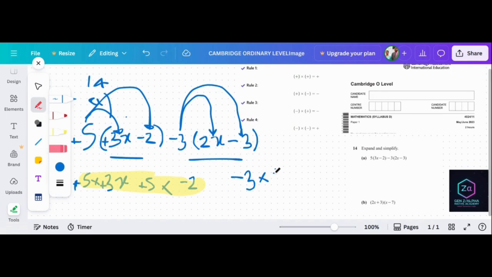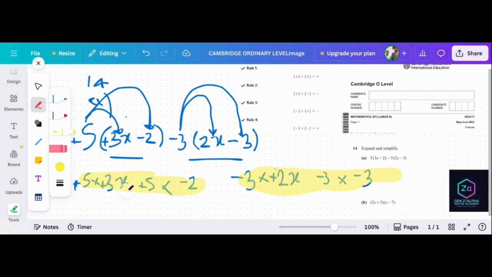So we can write plus 2x, right? Then again, minus 3 into minus 3. All right, these are the components we have to simplify.